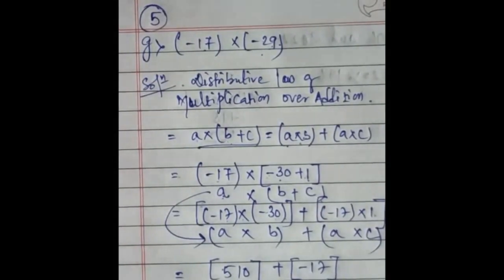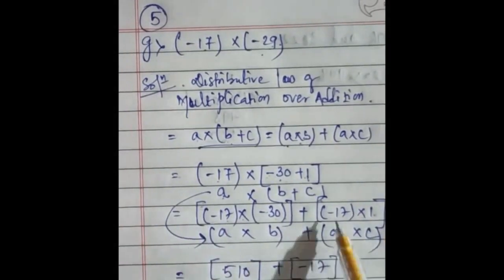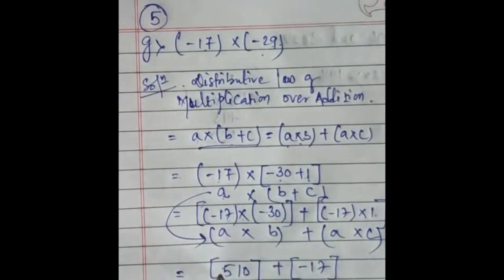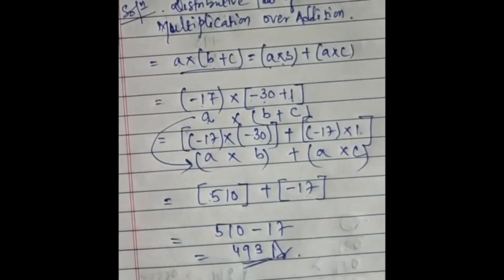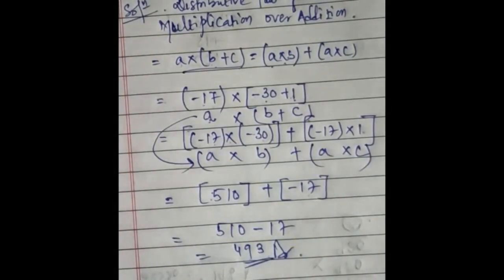I hope you are clear with this. 17 into 30, when you multiply you'll get 510. 17 into 1 is minus 17, because minus into plus is minus. Here minus into minus is plus. Rule of multiplication is there, right? Okay, I hope with this you are clear. 493.